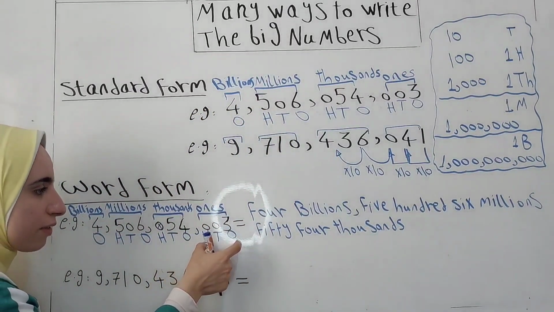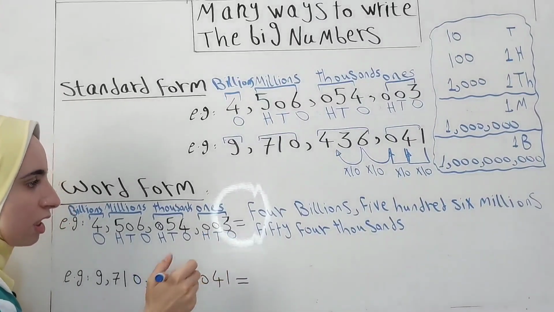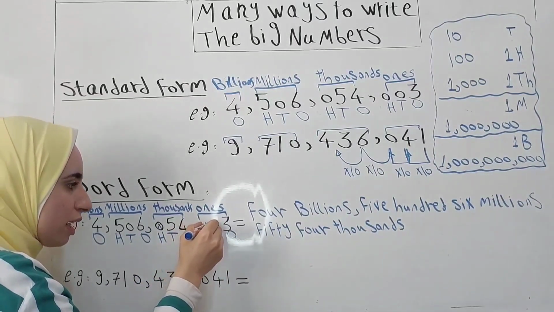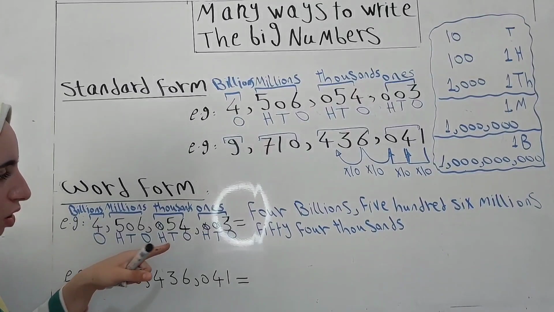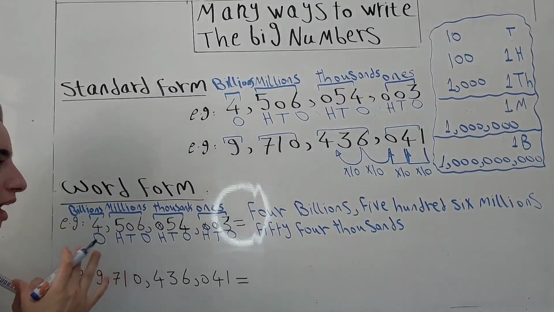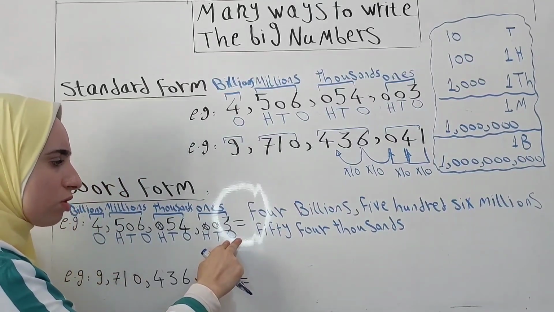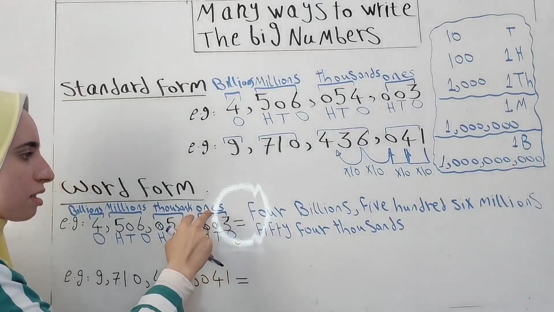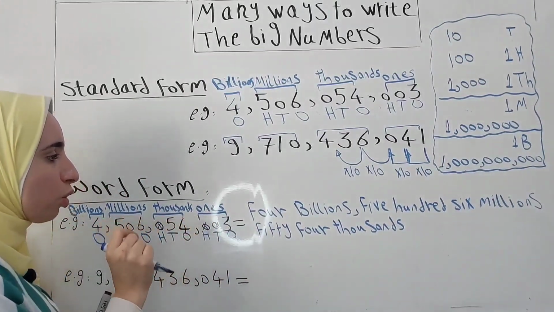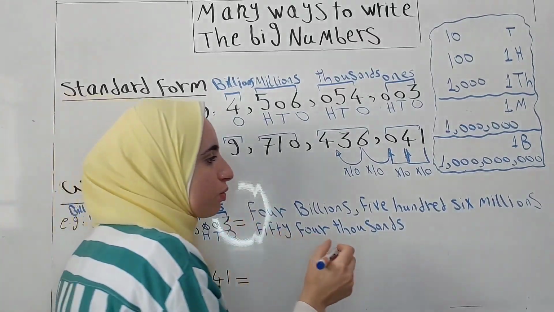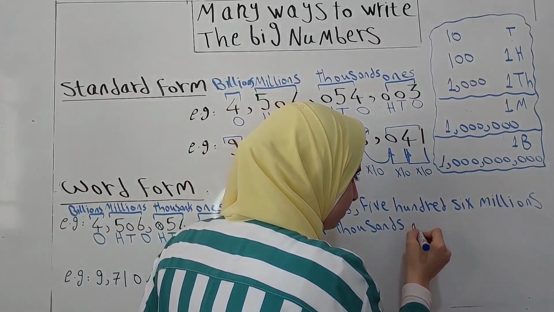So we need to write the family of ones. We have 2 zeros, and the 0 on the left does not have a value, so we need to write 3 ones, but the word ones is not read, so we write and 3.